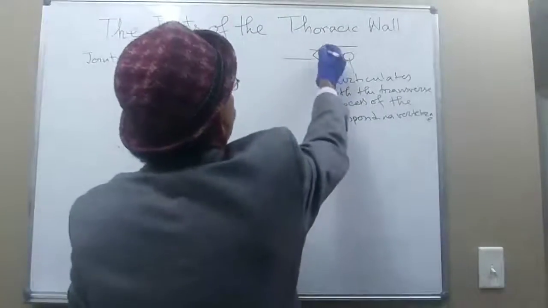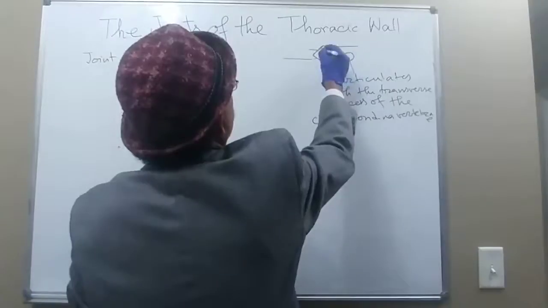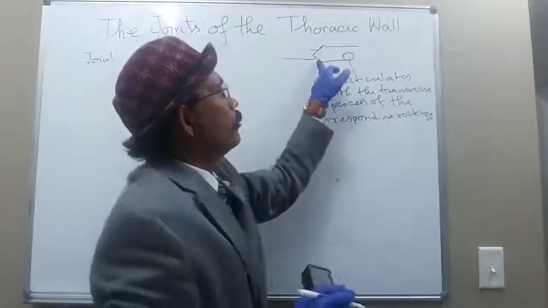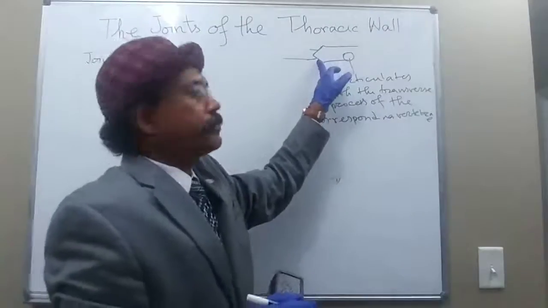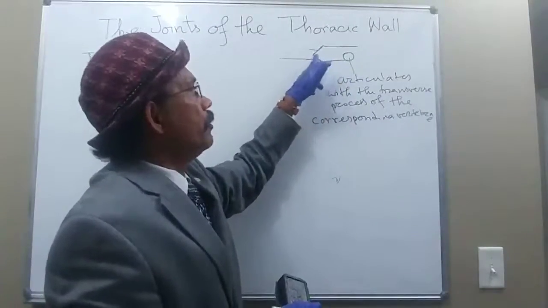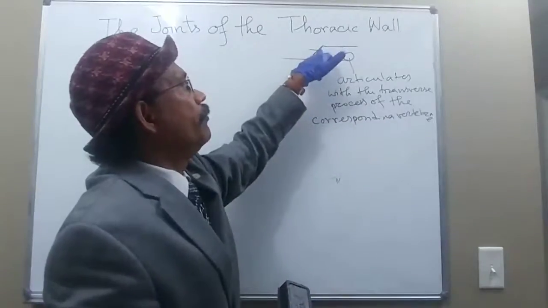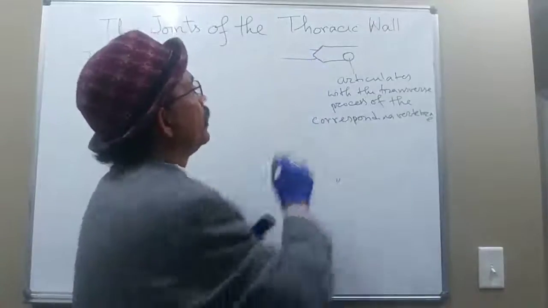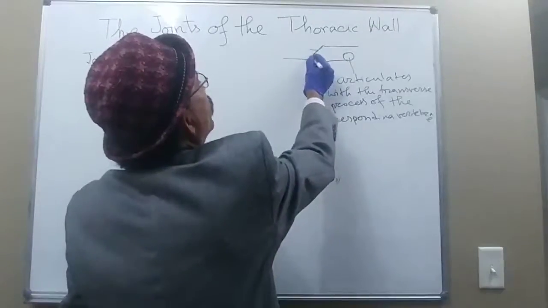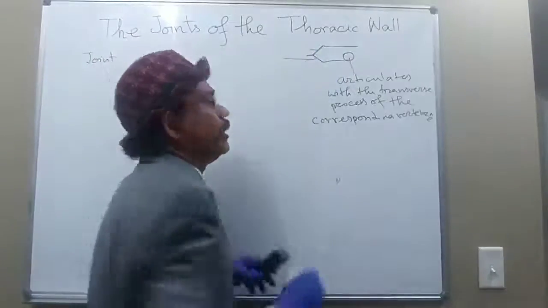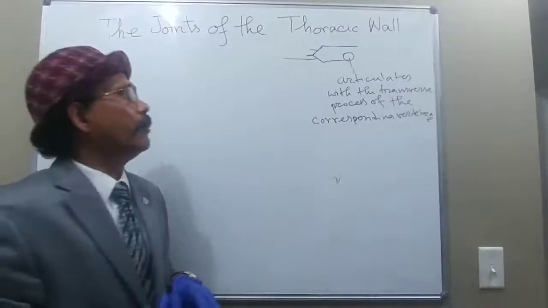This is the head of the rib, and this is the lower articular facet. This part will articulate with the superior costal facet of the corresponding vertebra. This part will articulate with the inferior costal facet of the vertebra above, and this part will articulate with the intervertebral disc through the intra-articular ligament.